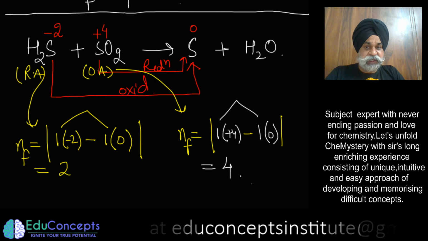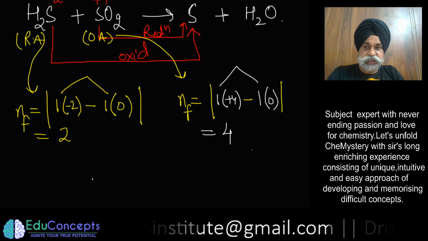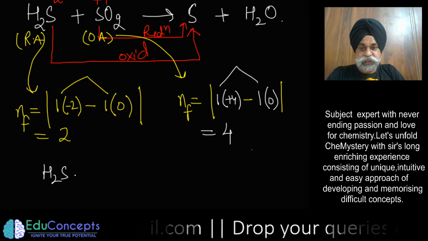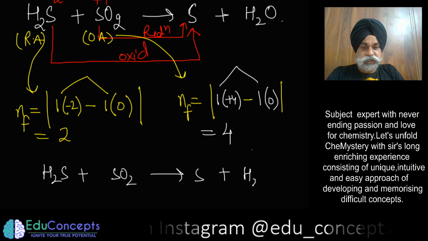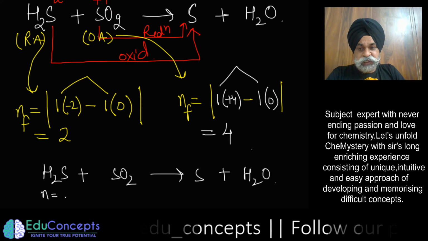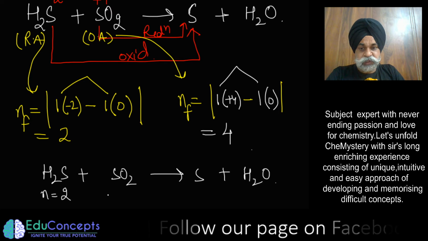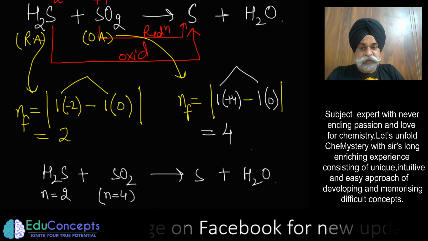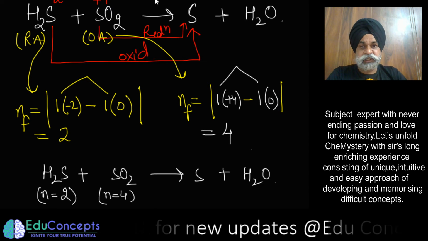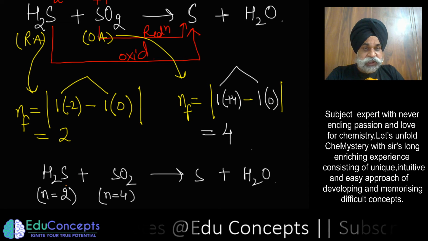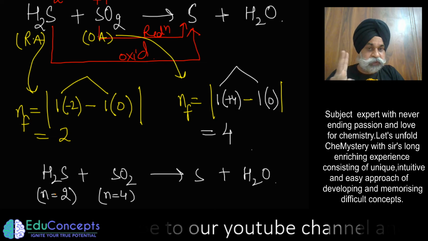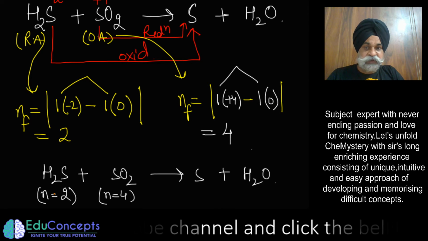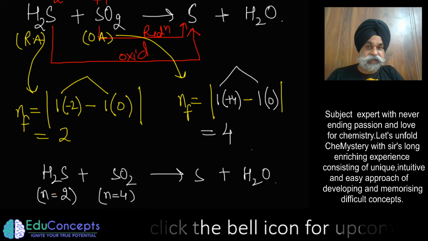So what it simply says is that during this reaction, H2S plus SO2 goes to sulfur plus water, we have written that the n factor here is 2 and the n factor here is 4. What it simply means is that during this reaction, 1 mole of H2S is going to lose 2 electrons and 1 mole of SO2 is going to gain 4 electrons.